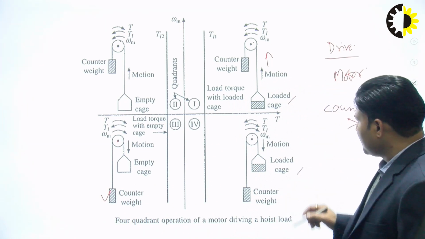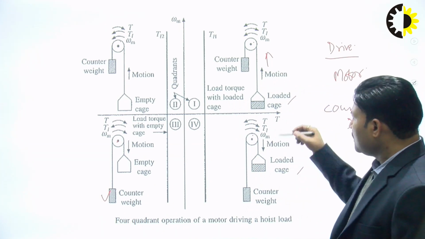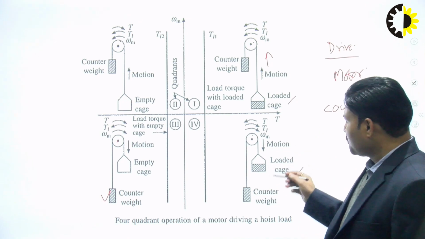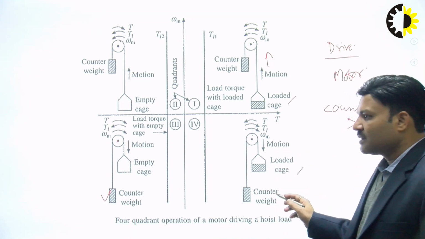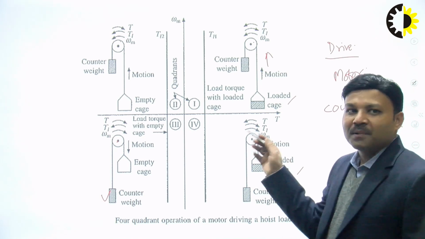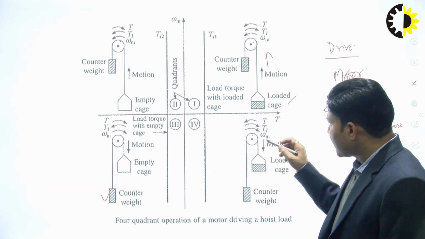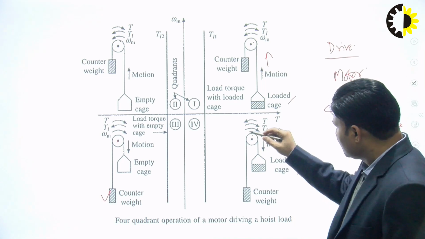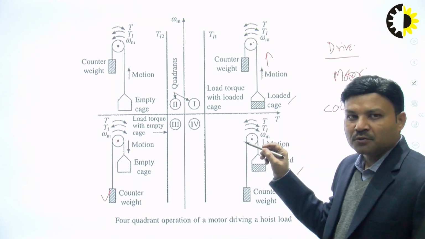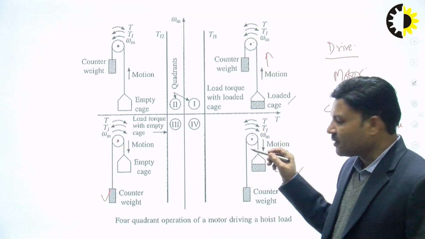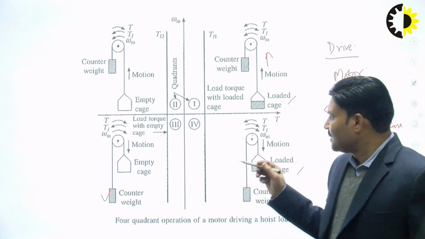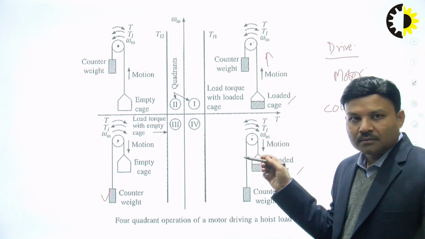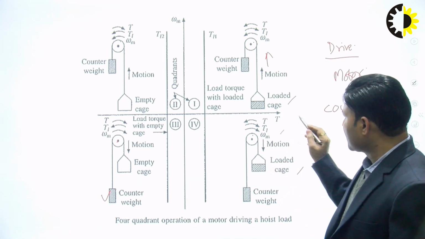Similarly, here we have to bring down the loaded cage, and since the loaded cage weight is greater than the counterweight, we have to apply the braking operation. So the direction of the speed will be opposite to the conventional direction of the speed, but the motor torque which is being applied will be in the opposite direction, because this is the braking operation.